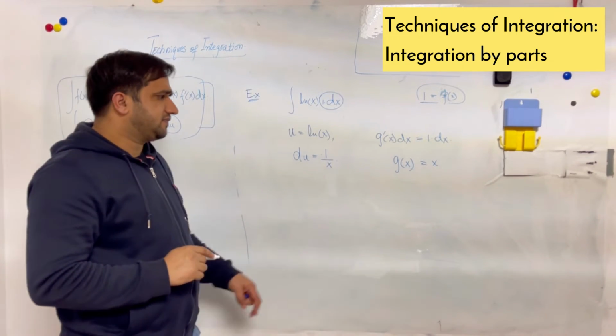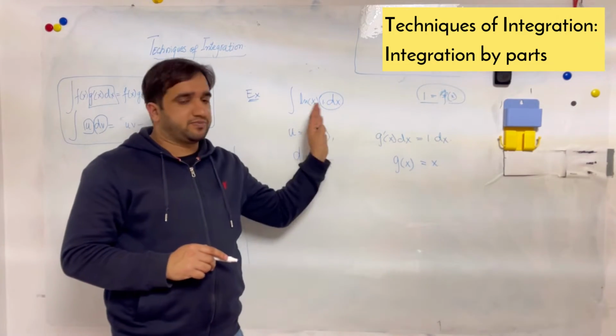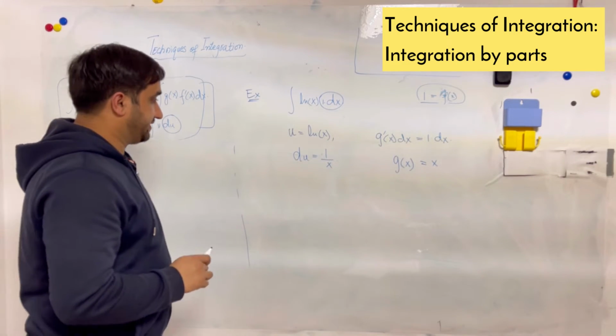And if you want to put c here, no problem. If you don't want to put c here, you can put it in the final expression. C you can always give in the final expression.